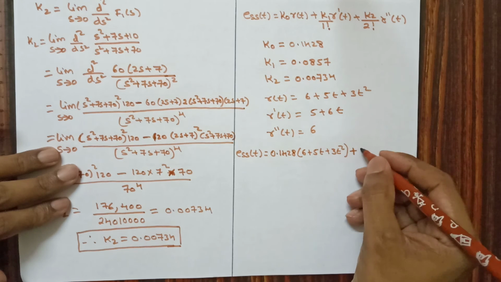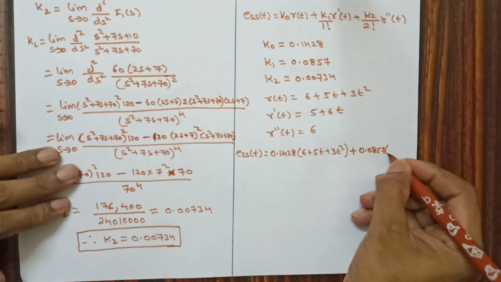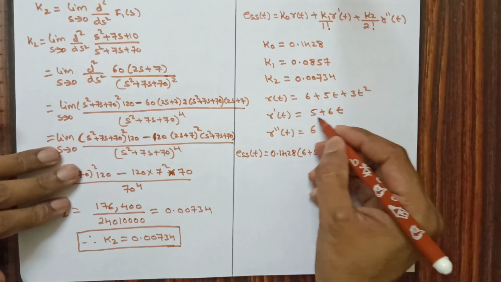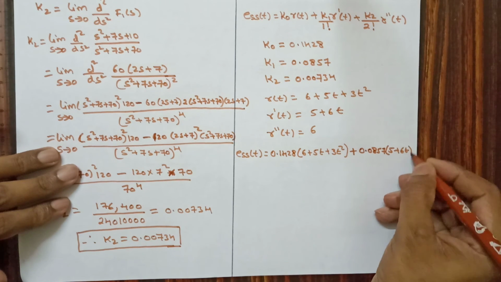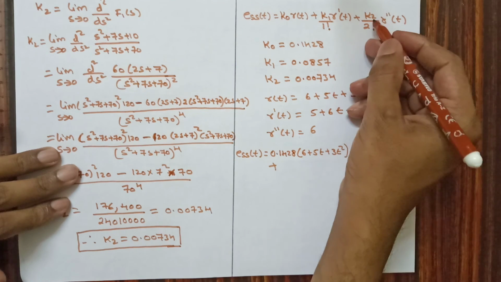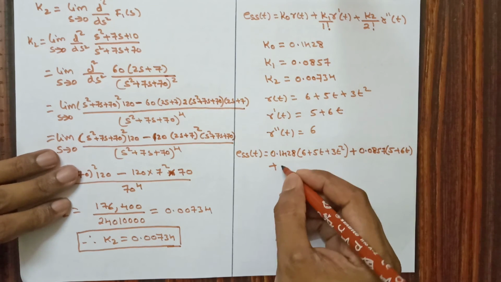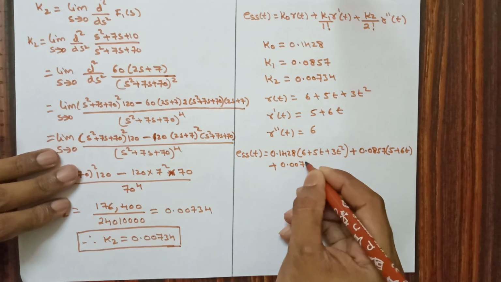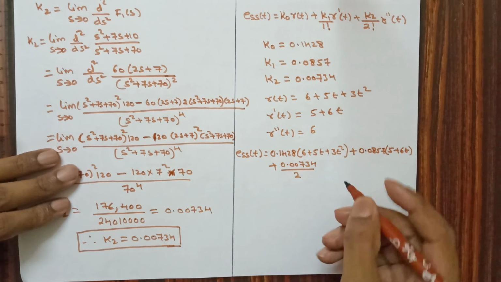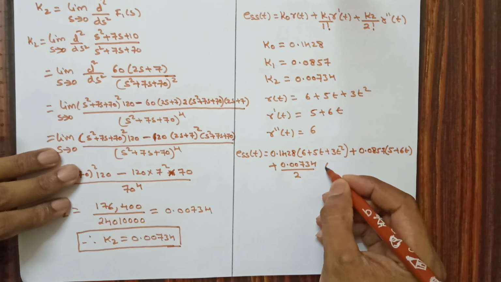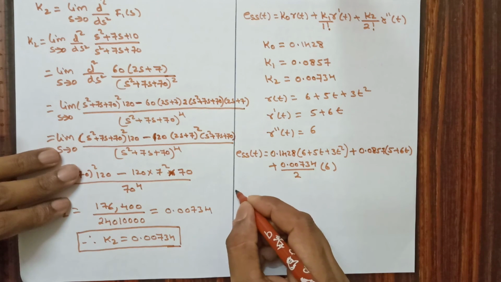K1 value is 0.0857 into the R dash of t value, 5 plus 6t, plus, next, K2 divided by 2 factorial. K2 value is 0.00734 divided by 2, 2 factorial is 2, R double dash of t is 6. Now multiply each term.